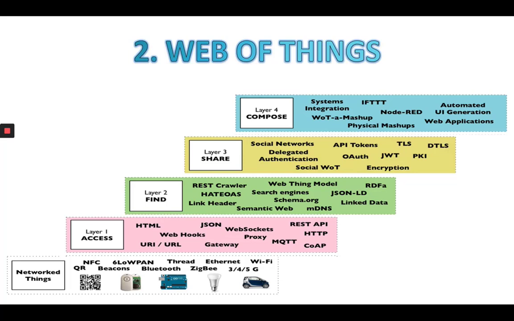As you can see, this layer deals with the access of things to the internet and ensures they expose their services via a web API. It is the core layer of the web of things.